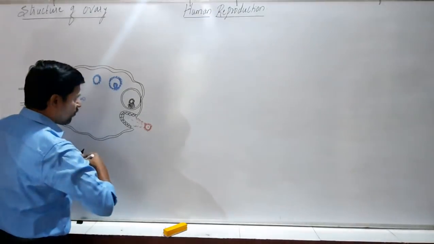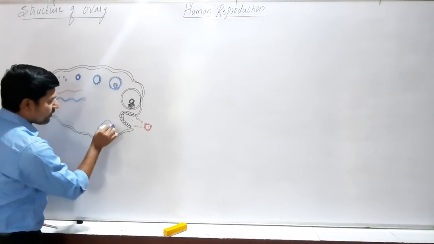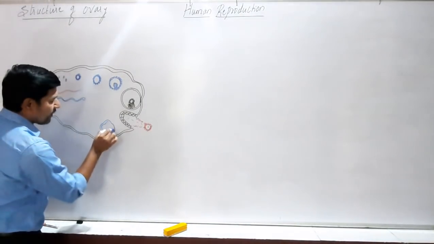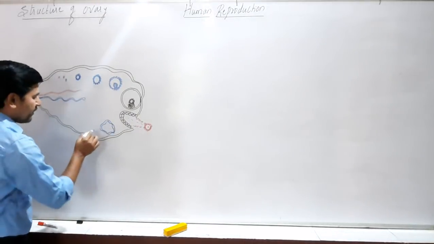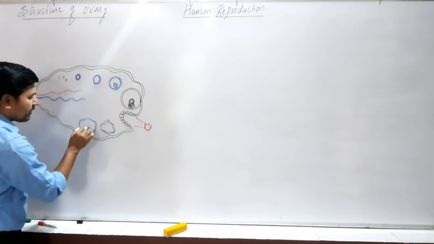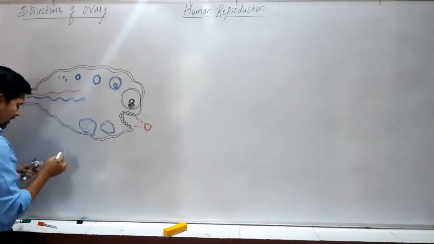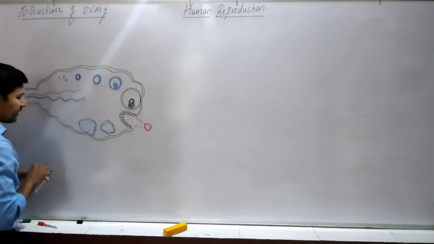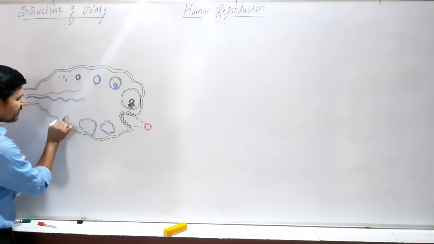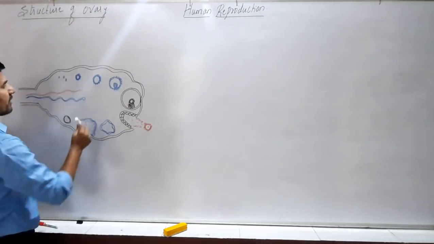After the process of ovulation, the release of the egg, the Graafian follicle is converted into one more structure called the corpus luteum. This corpus luteum matures, becomes large, and produces a hormone called progesterone, and after that it gets degenerated.